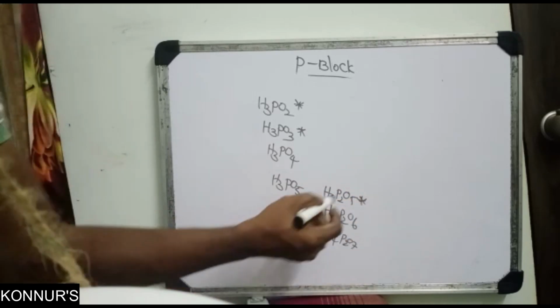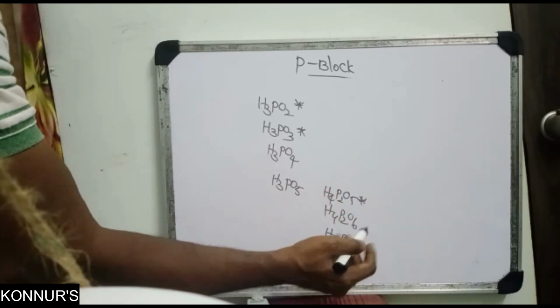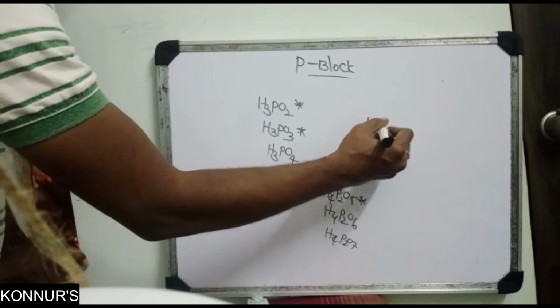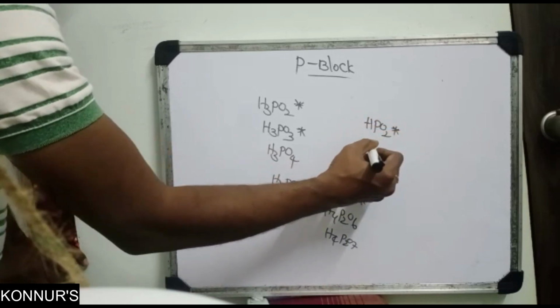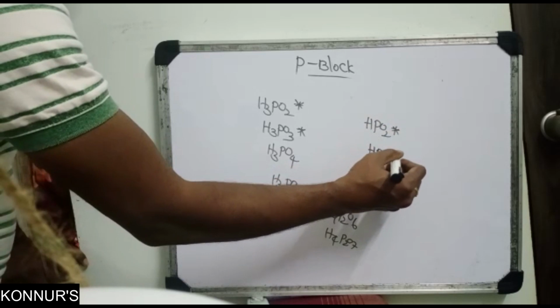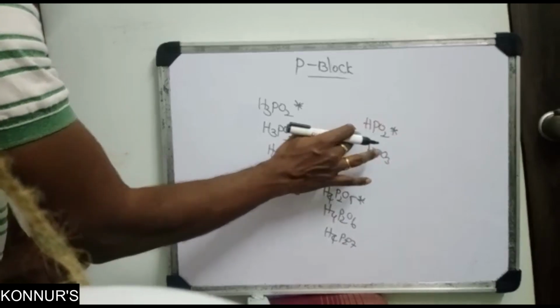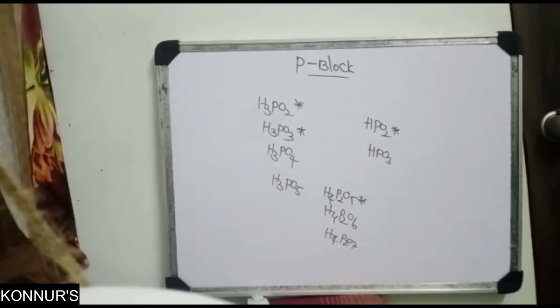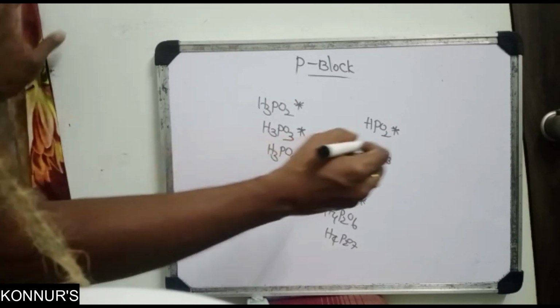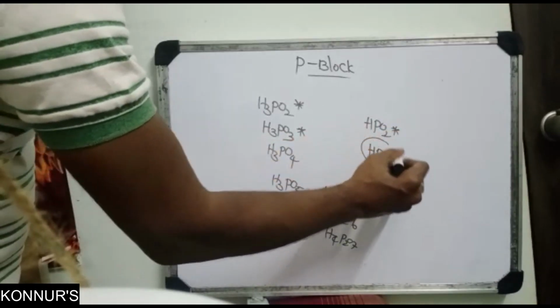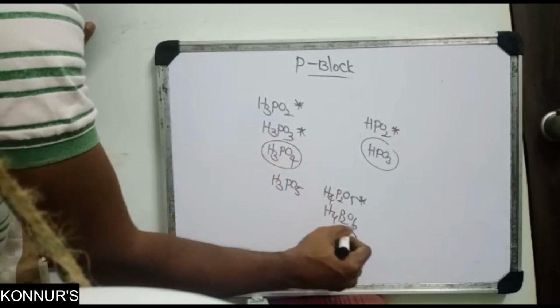This is pyrophosphorus, hypophosphoric, pyrophosphoric. Next HPO2, HPO3, metaphosphorus and metaphosphoric. So these are there.